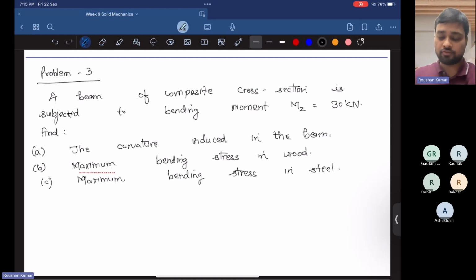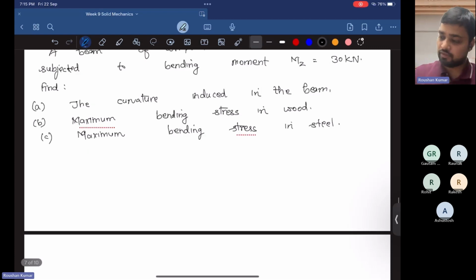So we have one figure also in this question. I am drawing this figure.